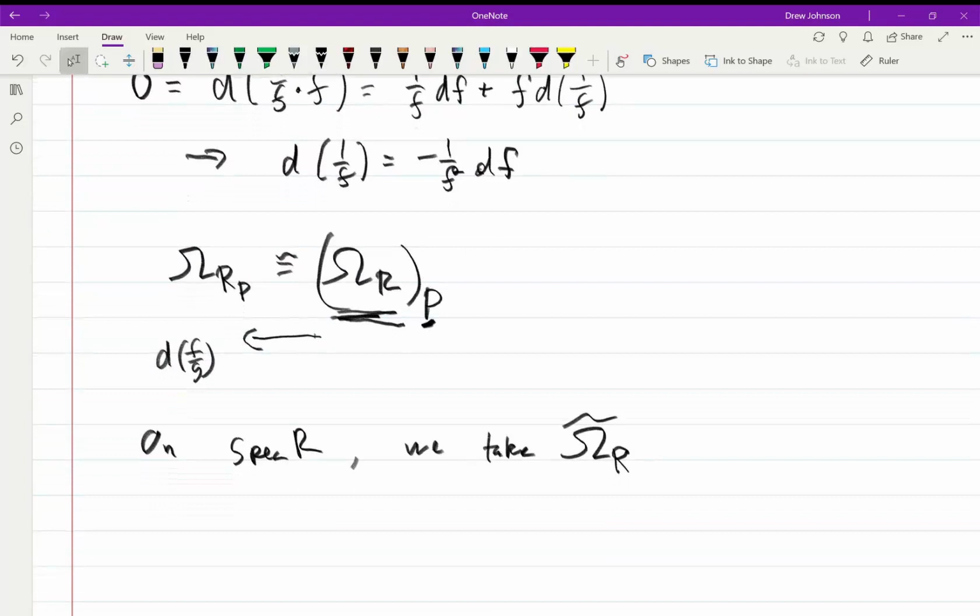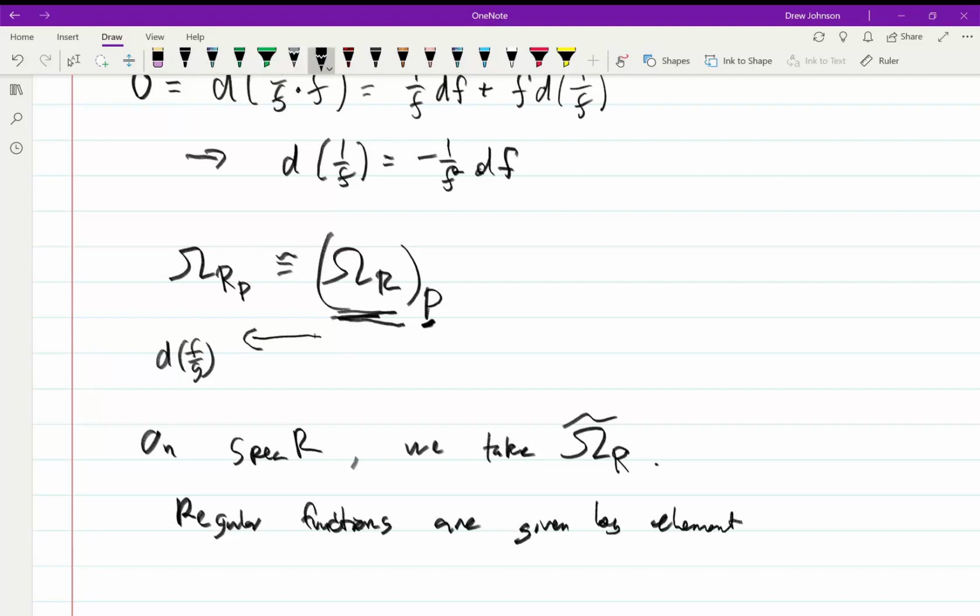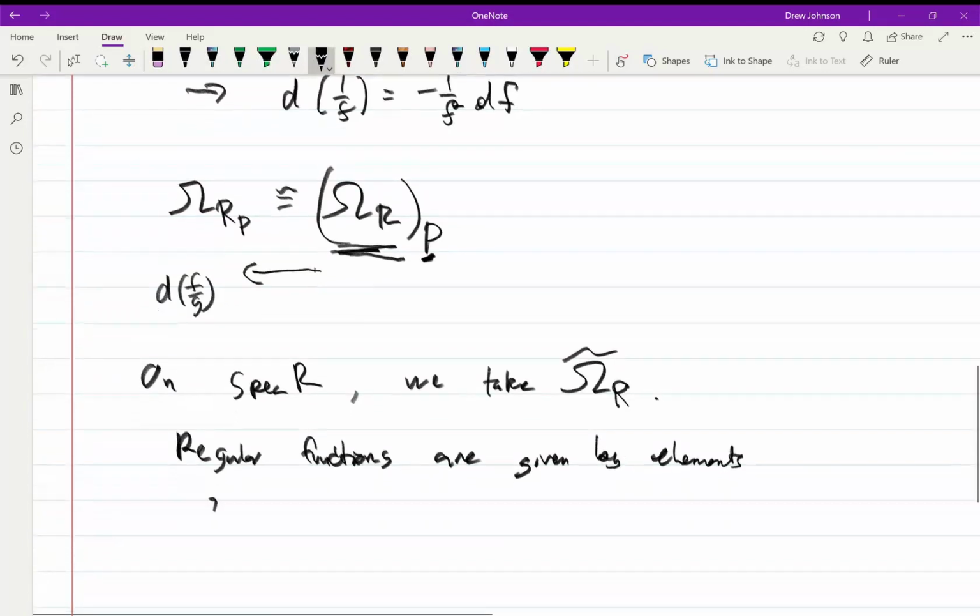And let's recall that regular functions are given by elements phi_P in R_P satisfying some compatibility conditions, like locally they have to be given by polynomials, right?